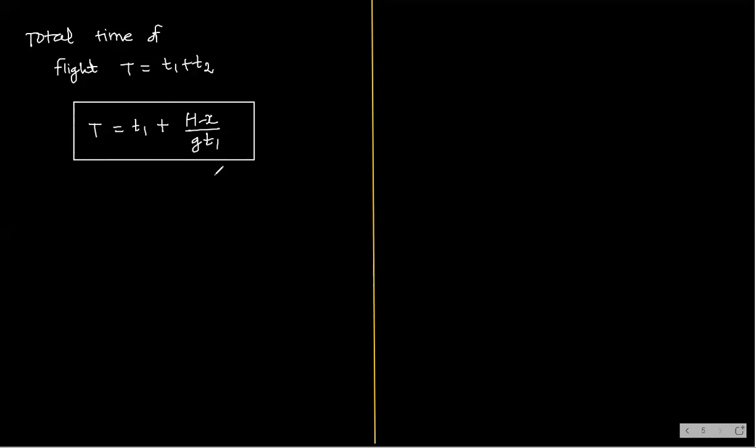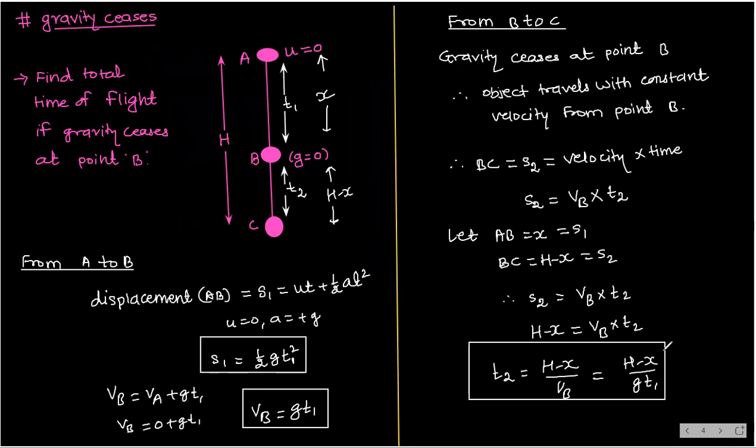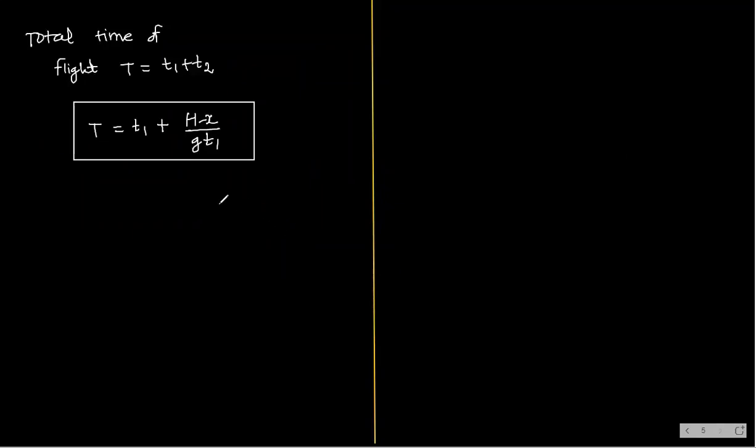Even if you substitute X is equal to half GT1 square, then also you can do it later, with some simplification. Okay, enough. You understood now? Just do it yourself and see. What we got? Time of flight is T1 plus H minus X by GT1.